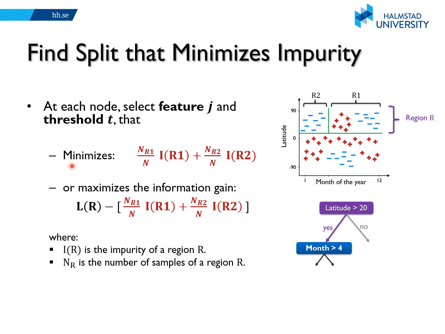So basically that's the same. Either you minimize this or you maximize this minus this. So this is exactly the same thing. So if you read some book and you find them talking about maximizing the information gain, then you know what it means. It's the same as minimizing this average impurity.